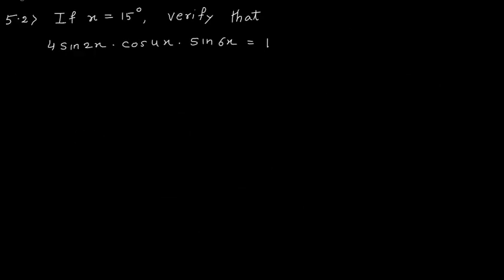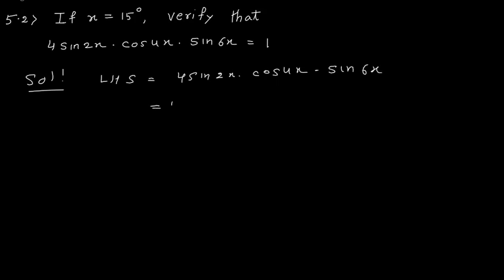If x is 15 degree, we have to verify 4 sin 2x cos 4x sin 6x is equal to 1. So let us start. Our left hand side is 4 sin 2x into cos 4x into sin 6x. This is equals to 4 into sin 2x.